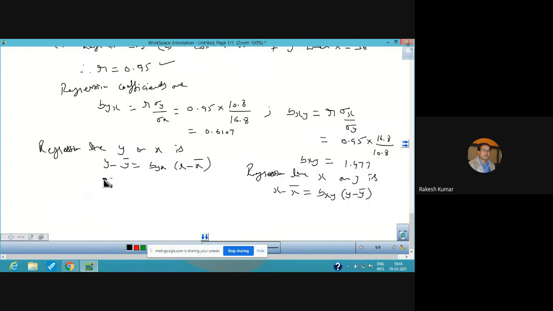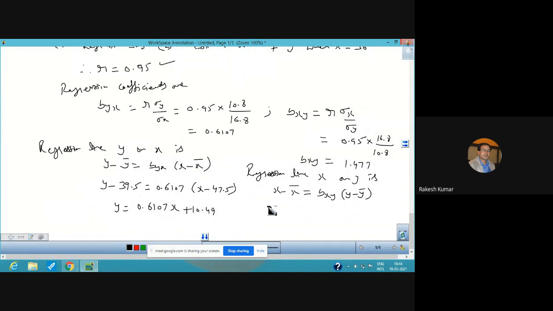So y minus y bar, and your value of y bar is 39.5. byx is 0.6107. x minus x bar, that is 47.5. So your regression equation comes out to be y equals 0.6107x plus 10.49.